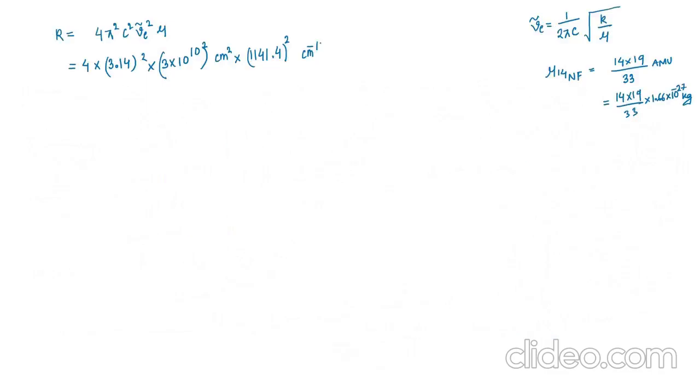Inverse and square of that, then we are going to deal with the square, into your mu, 14 into 19 by 33 into 1.66 into 10 to the power minus 27 kg. Okay, actually these and these will cut. So let's see what value we are going to get.